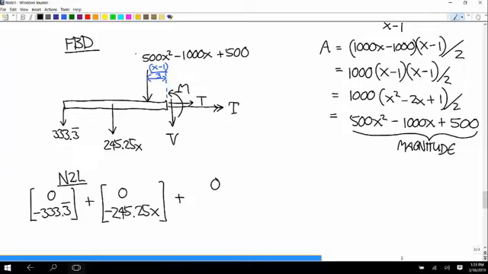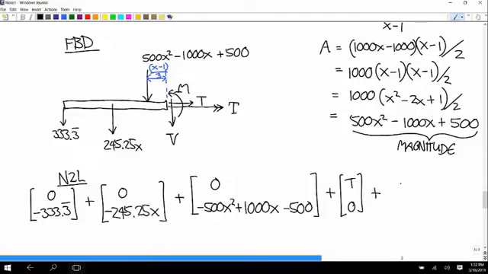This is a downward force with a magnitude that's equal to that polynomial function. So that's 0, -500x squared plus 1000x minus 500, and then plus t0, plus 0, -v, is equal to zeros.